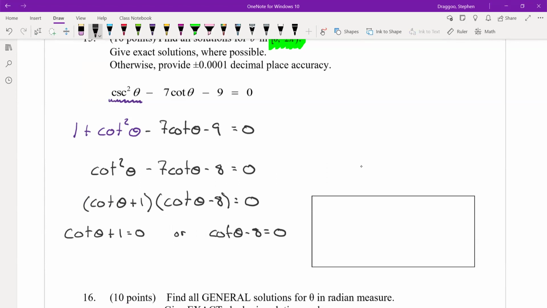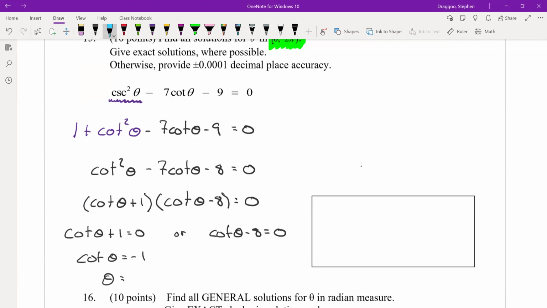Along the left side, I've got cotangent of theta must be equal to -1, and that happens twice within the unit circle. And for this one specifically, I can go directly to the unit circle to get my answers.